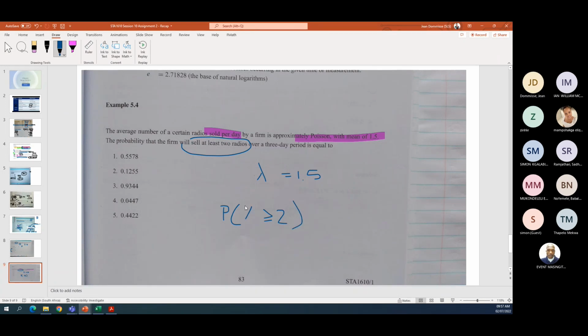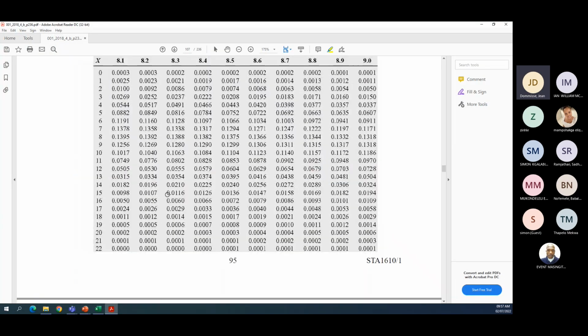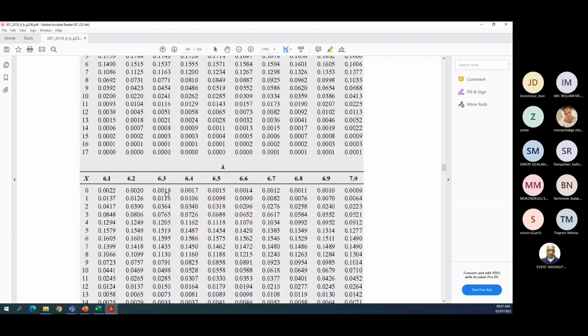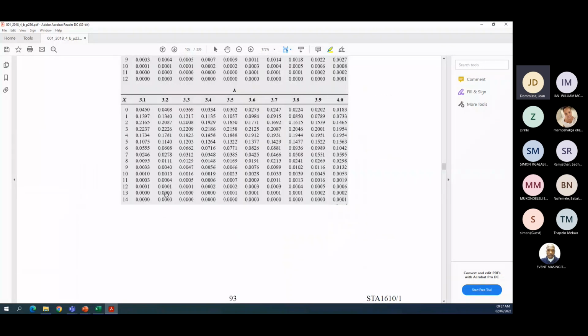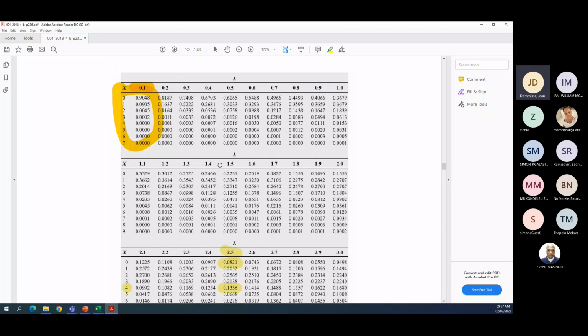So lambda 1.5, bigger or equal to 2. Let's just remember that.